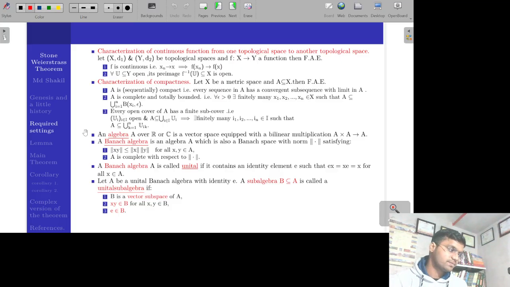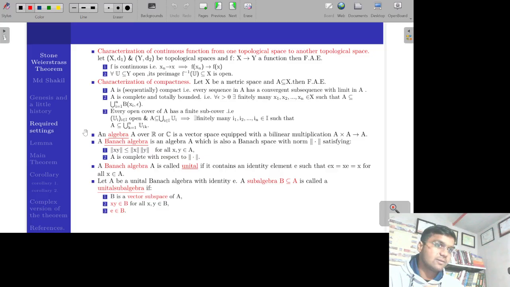It means what? It is nothing but, if you know about vector spaces, in a vector space we have two kinds of operation. One is vector addition and another is scalar multiplication. With respect to vector addition, the vector space is an abelian group, we know this. But we do not have a multiplication operation on the elements of the vector space.